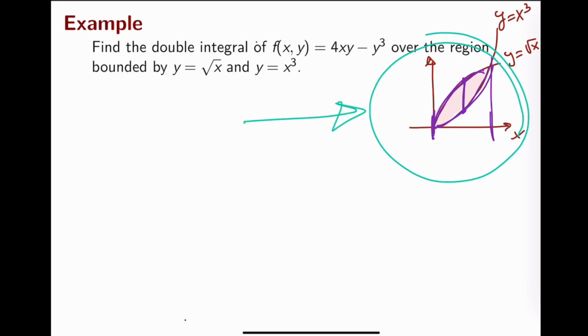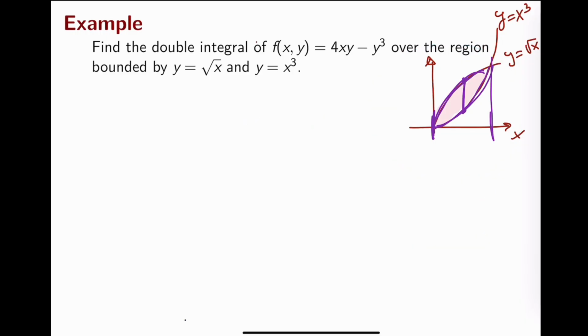Let's say that we rotate this graph like this and try to see what would be the variation of x if we consider now that the y varies between two constants, 0 and 1.